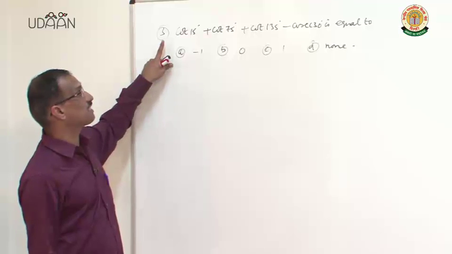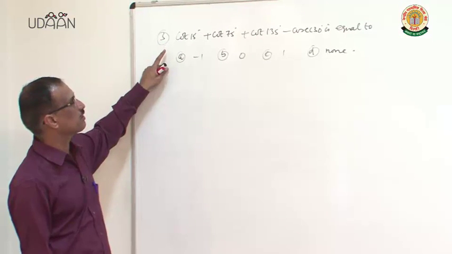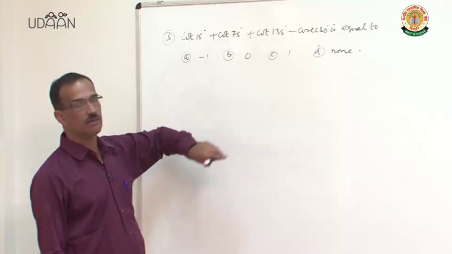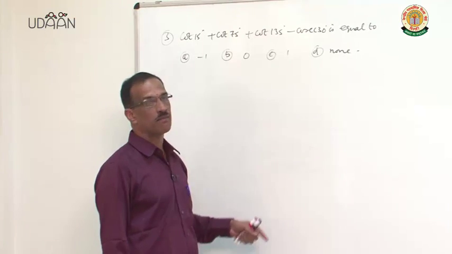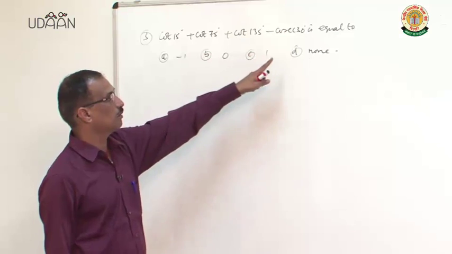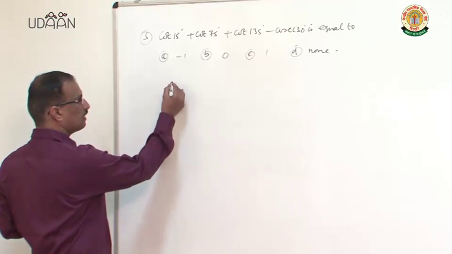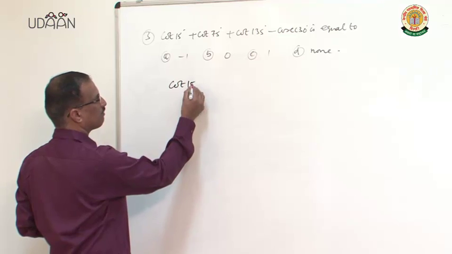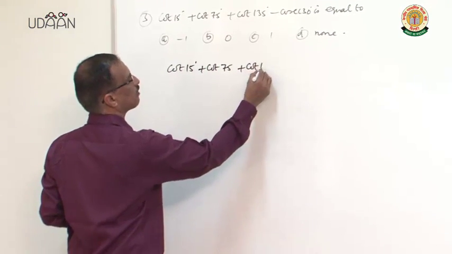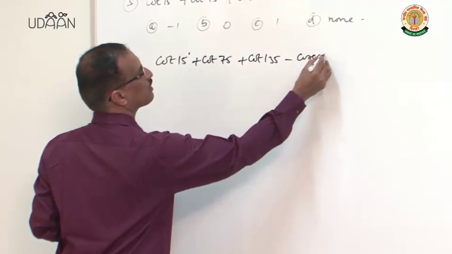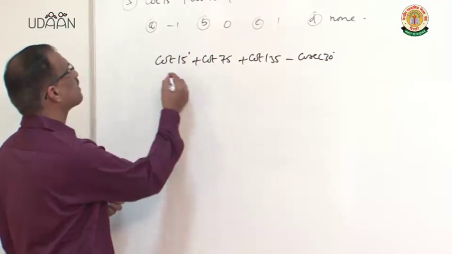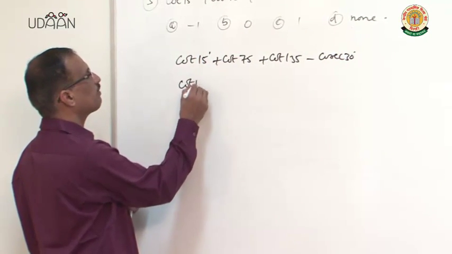In this question, what is given is a very simple and easy question. Cot 15 plus cot 75 plus cot 135 minus cosec 30 is equal to minus 1, 0, 1 or none. So from this we can write this as cot 15.